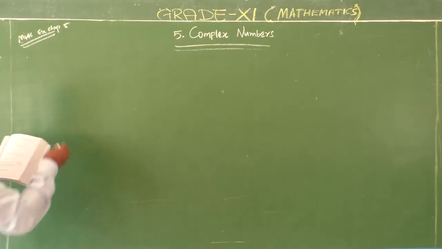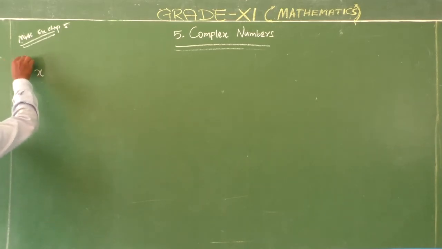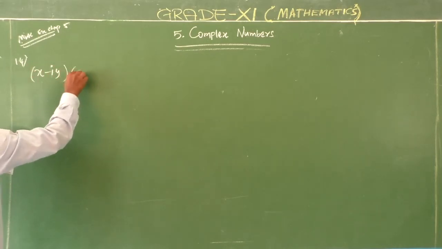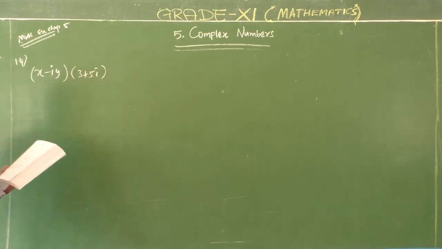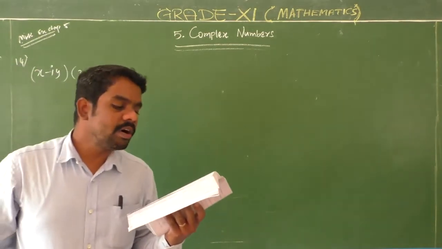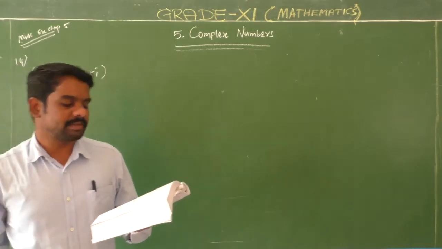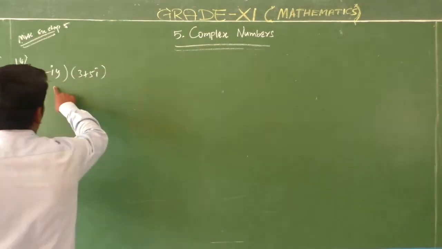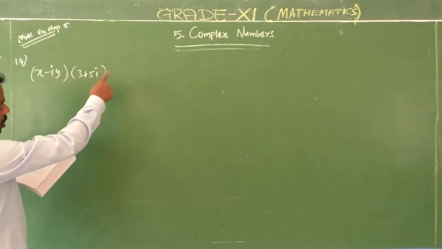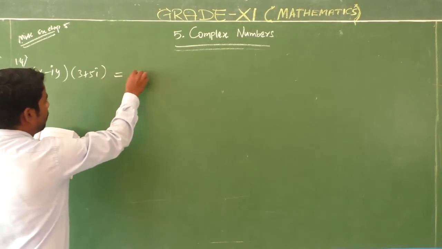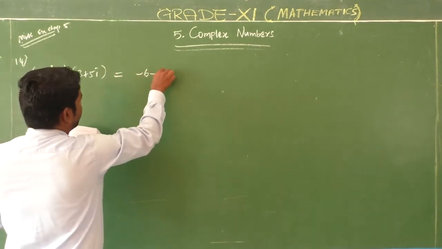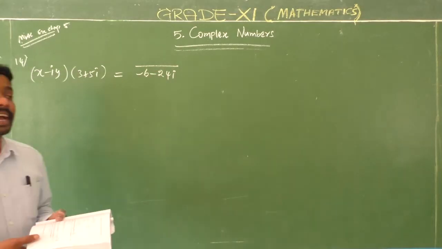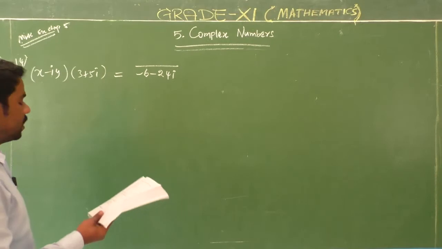If (x minus iy) into (3 plus 5i) is the conjugate of minus 6 minus 24i. The given information is that this complex number (x minus iy) into (3 plus 5i) is equal to the conjugate of minus 6 minus 24i. Find the real values of x and y.